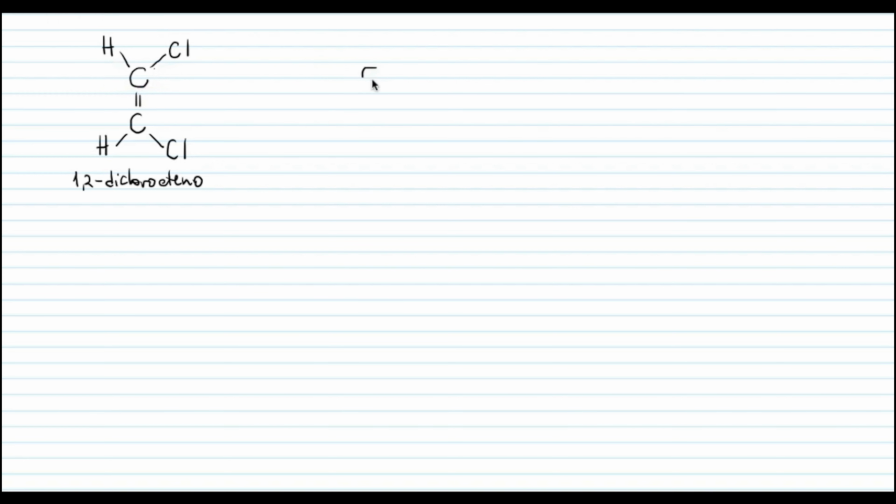Then I would have two carbons joined together by a double bond. There are four substituents: chlorine, hydrogen. Let's suppose that when this compound was formed, the second chlorine was left in this position, and here I have a hydrogen.